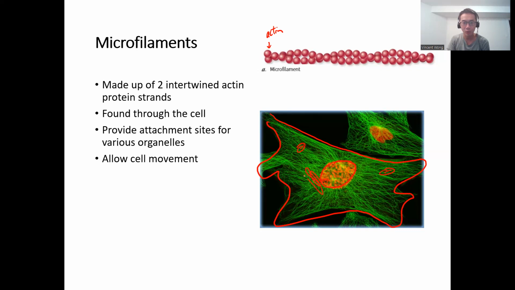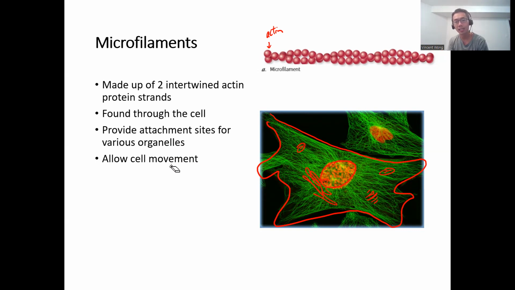If you have the endoplasmic reticulum, the Golgi body, all these things need something to attach onto. Otherwise, they're just floating around, and they could get displaced, moved around too easily. So the actin, the microfilament, provides attachment sites for various organelles.